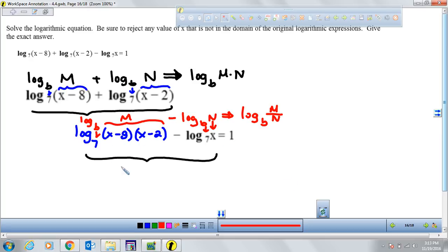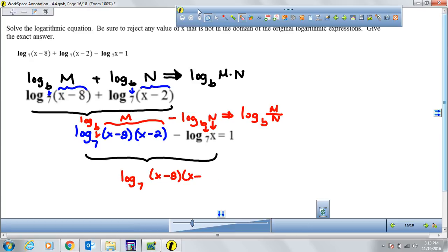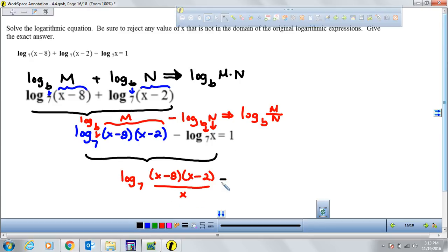So we're going to combine it into log base 7 of m, which is x minus 8 times x minus 2, that is my m, divided by n, which in this case n is x. And of course I'm going to write the other side, equals 1. So I'm just going to bring the 1.